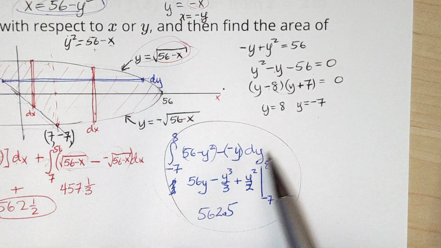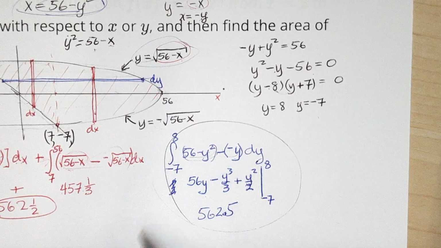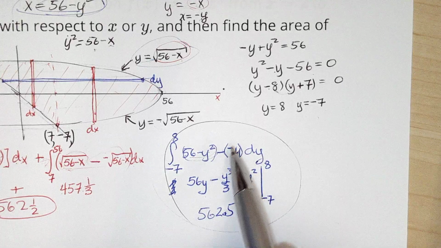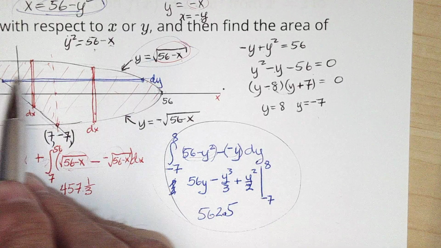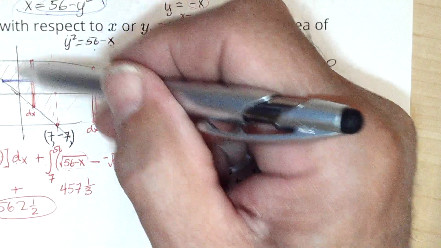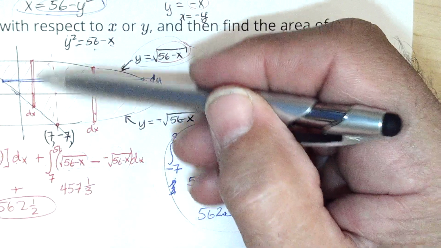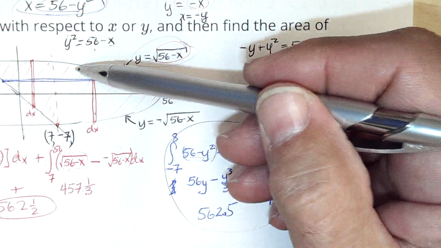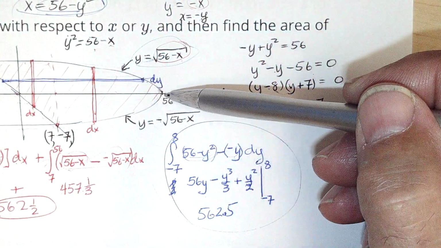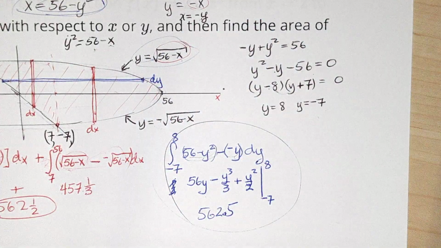The slices would be dy, and I'd have to write all the equations in terms of y, the large X minus the little x. If I do slices this way, in this case, I'm working between these two curves for a while, and then I'm working between these two curves for another section, so I need to do it in two pieces. Okay, that's number 3.